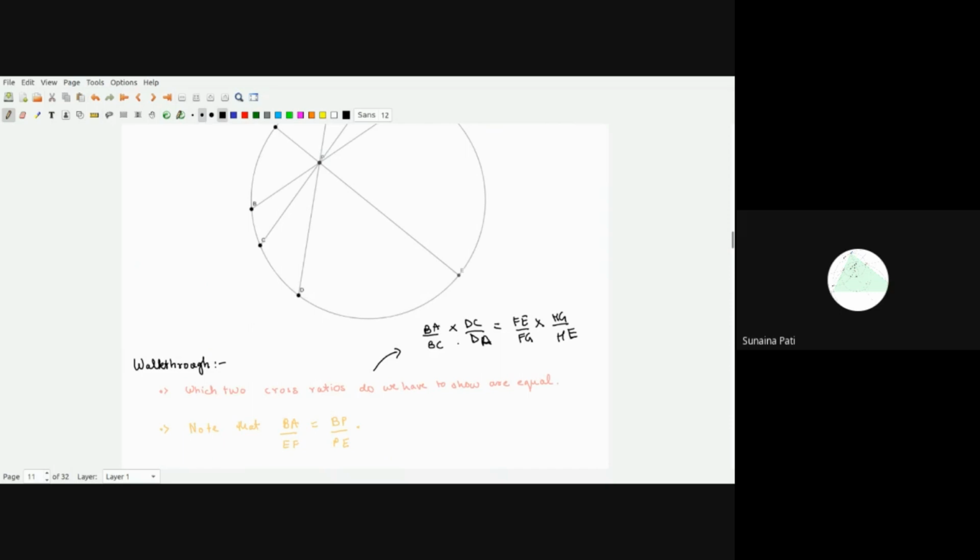Then you take everything to one side, so basically you have to show the product of those is 1. And then use this fact: BA by EF is equal to BP by BE. Anybody who has any progress on how they're using the second hint can tell me.